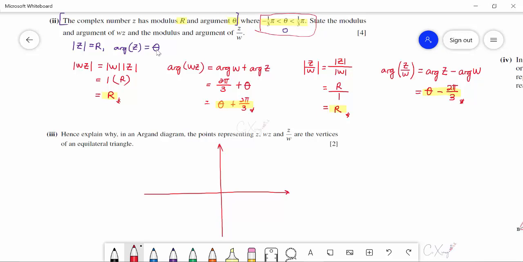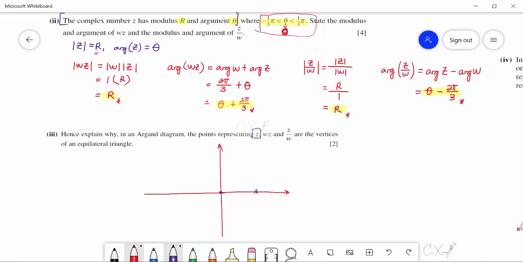Then to make my drawing easier, I will assume that theta equals 0, which is in the center of negative pi over 3 until pi over 3. When theta equals 0, it will also be easier for us to sketch the graph. So when theta equals 0 and the modulus of Z equals R, for my Z, I assume that R is this length.